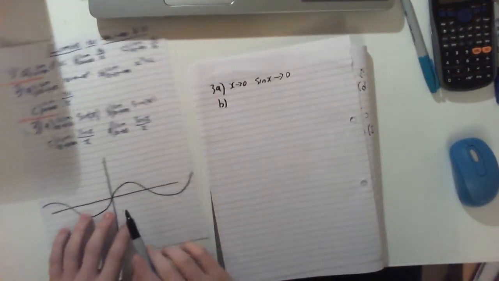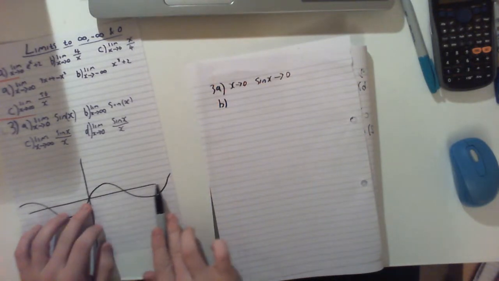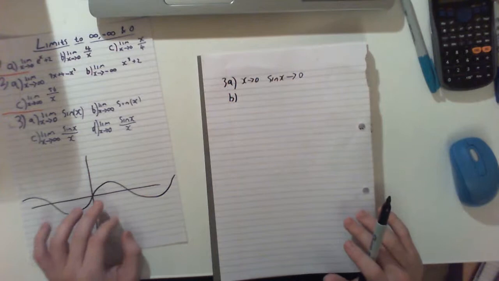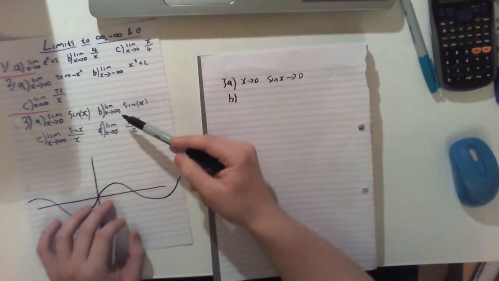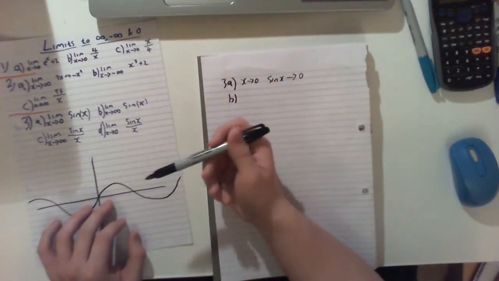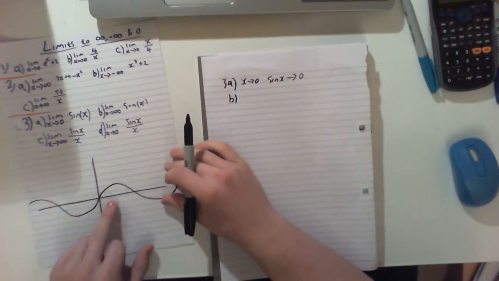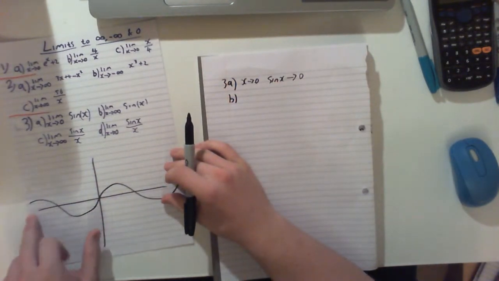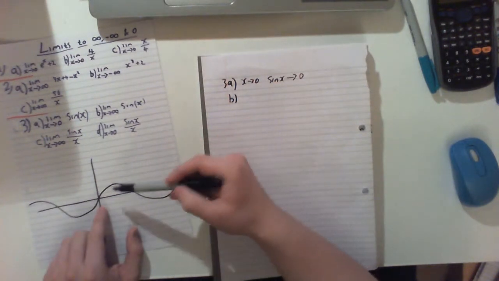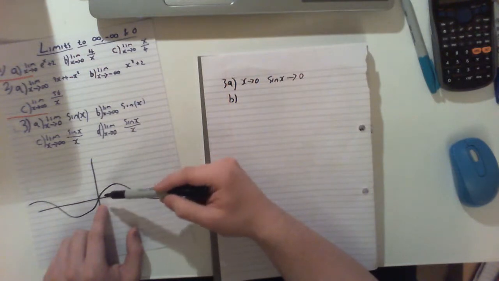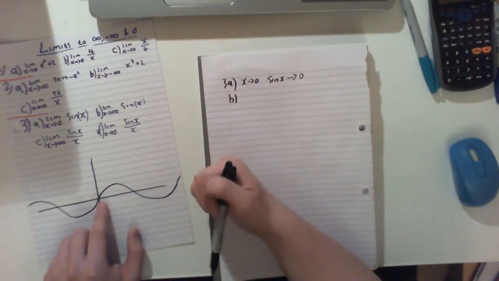So we're taking our x value and we're just going across and we're trying to find what our y value becomes as we get to infinity. Now what you should notice is it doesn't matter how much we go in the x direction to infinity, or for that matter this would also work for minus infinity. We can see that the y value of sine still alternates between 1 and minus 1 continually.